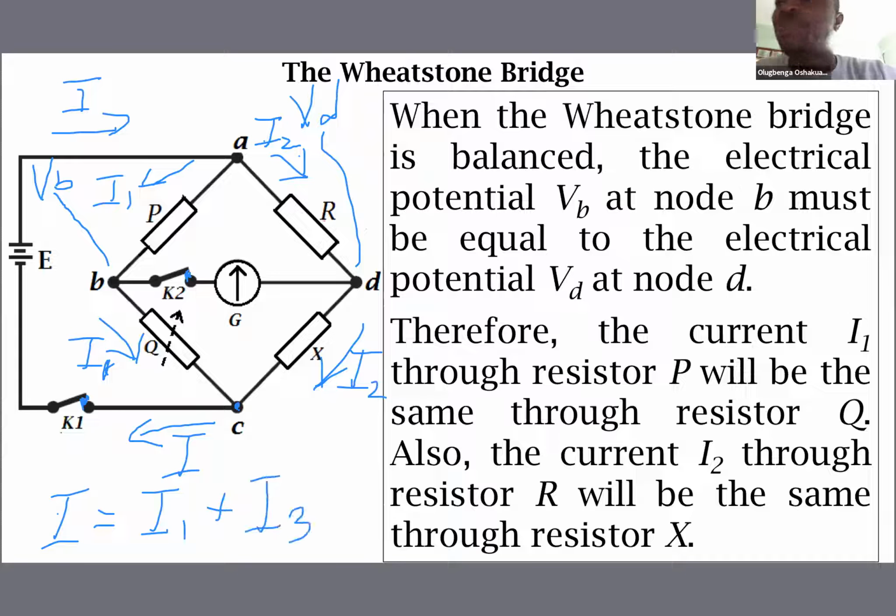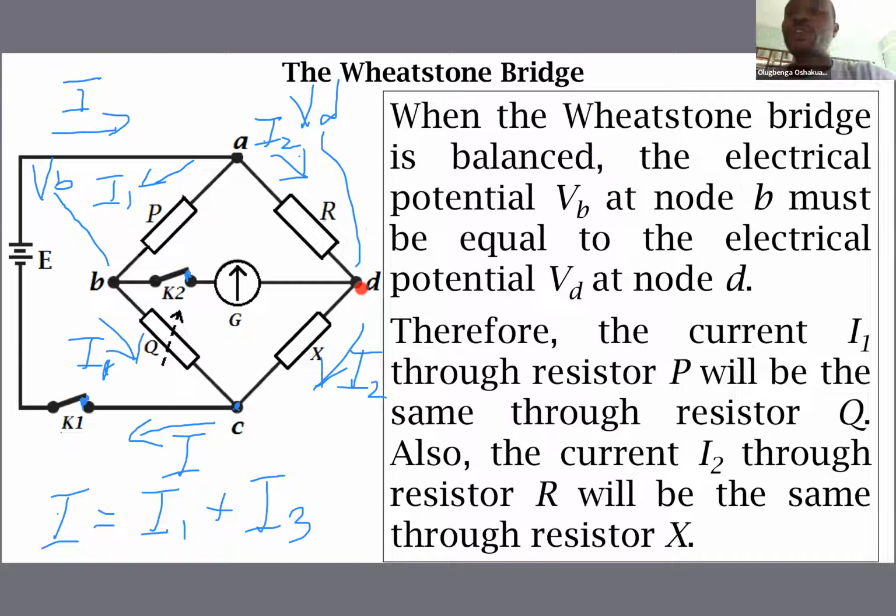That is, the algebraic sum of currents entering node C is 0. Since point B and point D are at the same potential, there will be no current flow either from B to D or D to B.